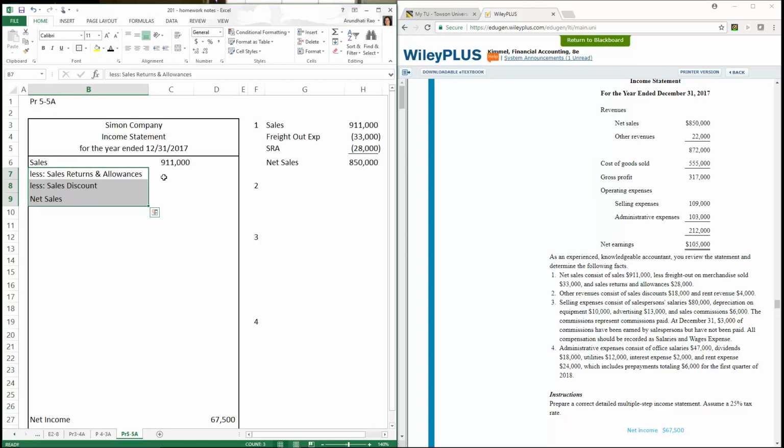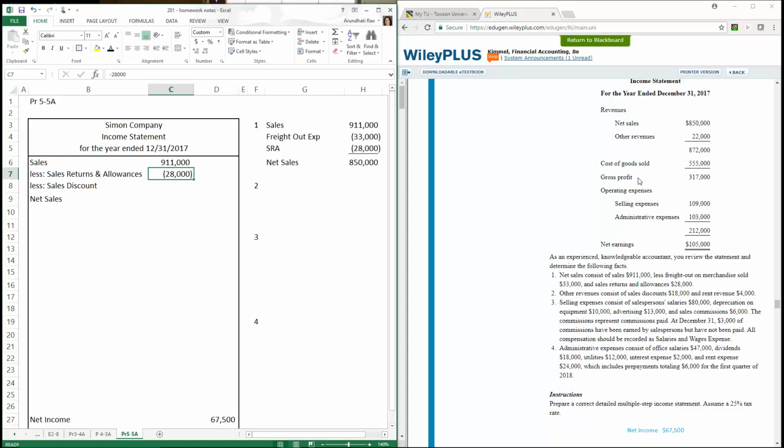I know my sales return and allowance is $28,000. That's the information I got from here. We'll take a look at sales discount in a minute. We'll look for that information. Then they tell us other revenues consists of sales discount of $18,000 and rent revenue of $4,000.